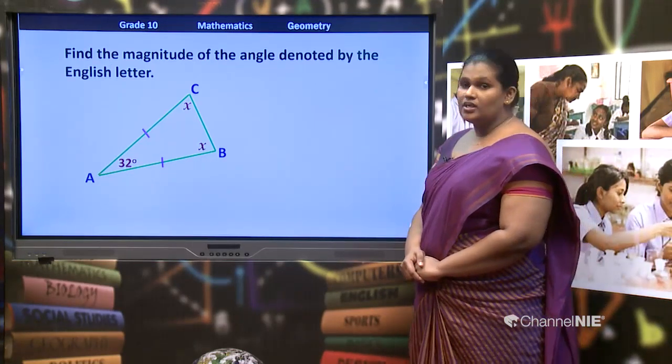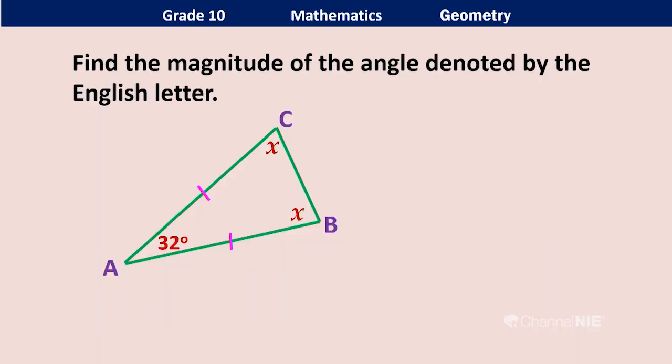Right. Now, at the same time we know that the sum of the interior angles of a triangle equals 180 degrees. Therefore, 32 degrees plus x plus x equals 180 degrees. x plus x can be taken as 2x. So, 2x plus 32 degrees equals 180 degrees.